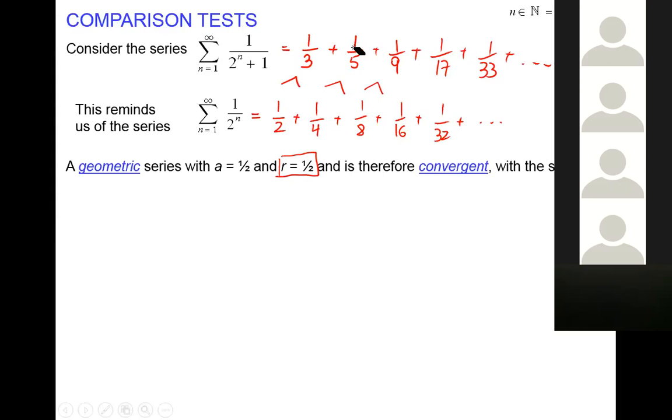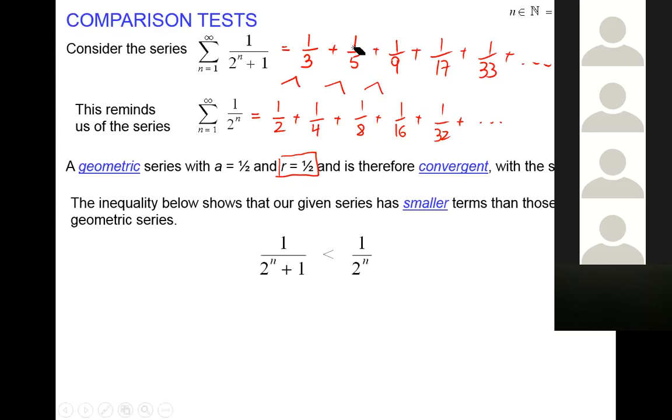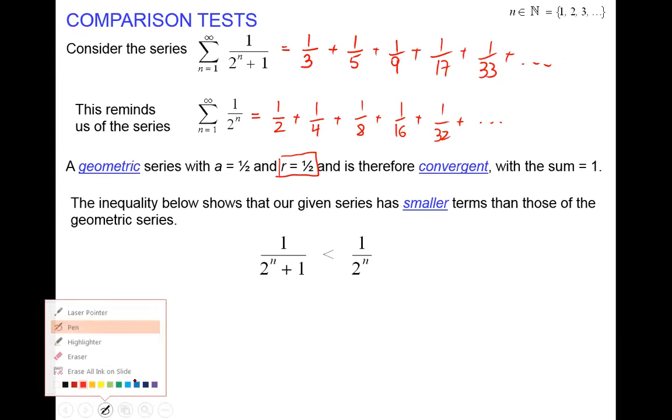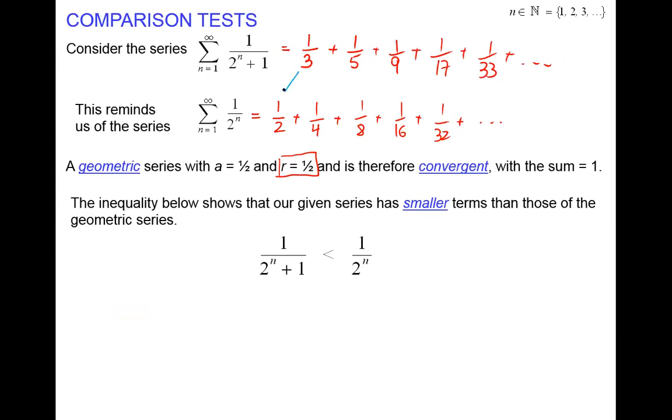That means each term of my original series is smaller than the corresponding term, of course, for the corresponding n's. That's what I'm trying to show you. My inequality sign looks funny. I'm trying to compare these. 1/3 is smaller, 1/5 is smaller, 1/9 is smaller, and so on.